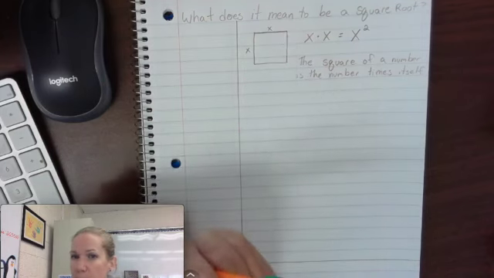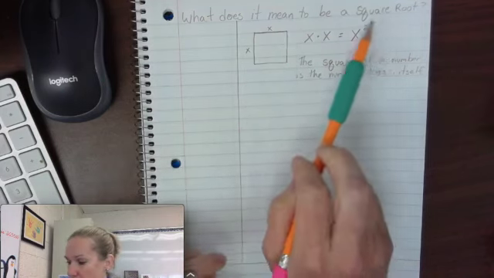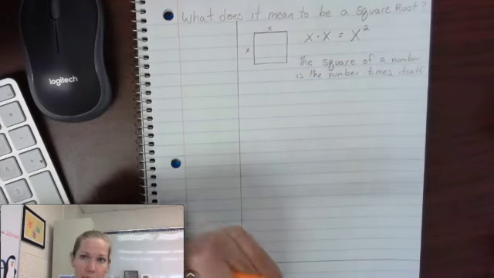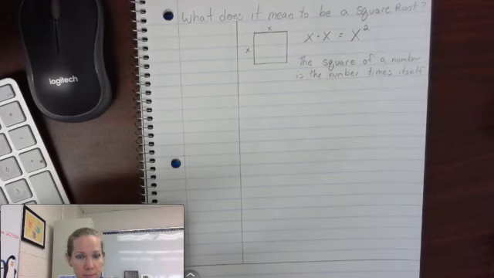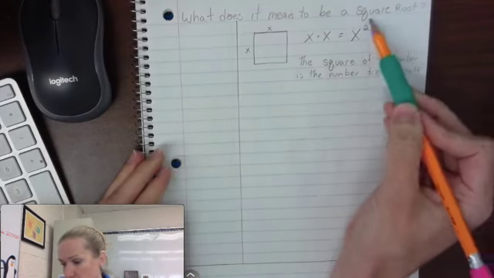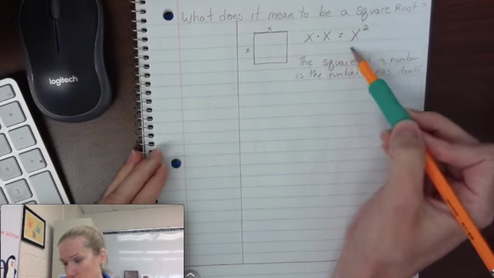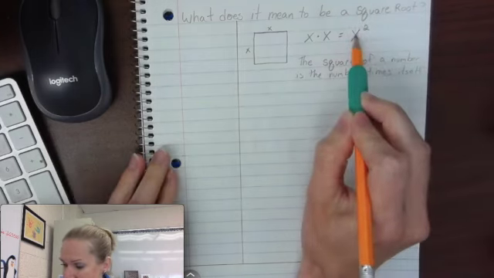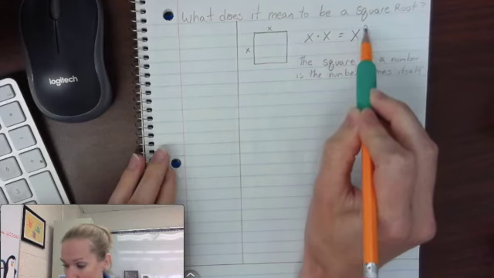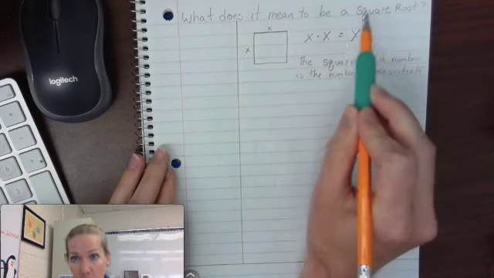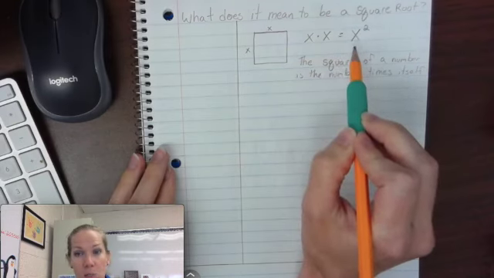So what does it mean when I say the square root? Well, the square root is the reverse. So if I give you a number, like this number here, but I want to actually find out, well, what is that number that we squared to get this number, I would take the square root.